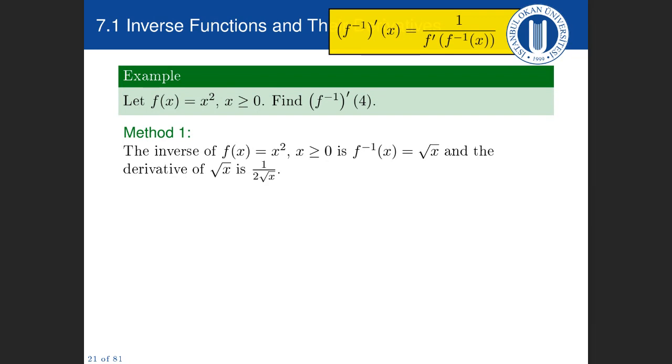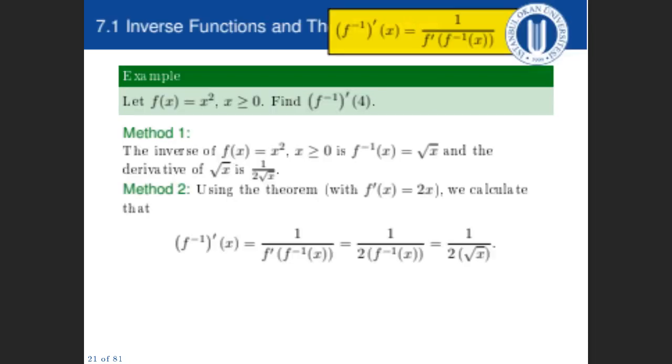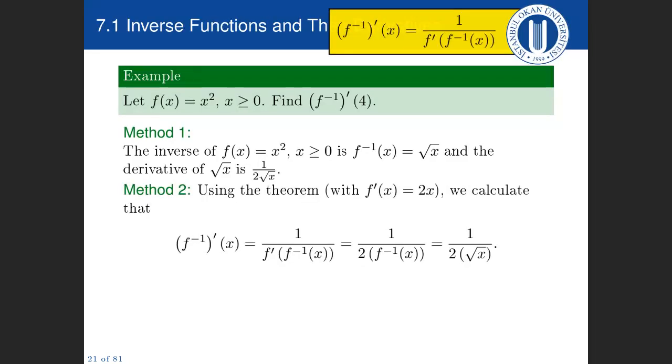Method 2, I'm going to use the formula in the yellow box, and we should get the same answer. Using the theorem, if f of x is equal to x squared, so therefore f prime of x is 2x, we calculate that f inverse prime is 1 divided by f prime calculated at f inverse of x.